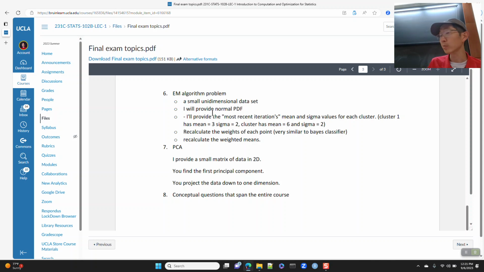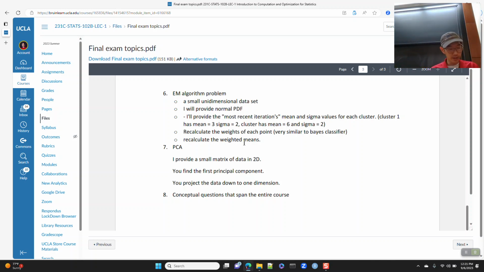And so I will ask you to recalculate the weights and recalculate your weighted means. I think this prompt will make more sense once I cover how the EM algorithm works today.